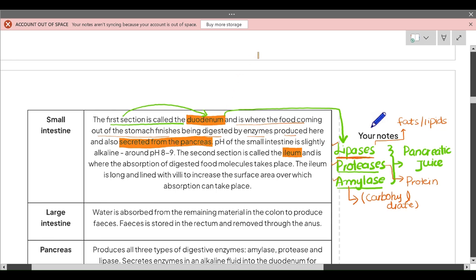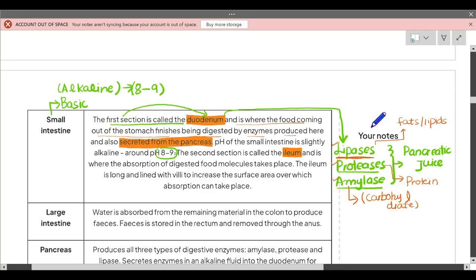The enzymes that are working in the small intestine are working in basic, or you can say alkaline, conditions. The enzymes present in the stomach work in acidic pH, but here the enzymes work in basic pH, so they are different from each other. The pH at which they work is basically 8 to 9. You need to learn the range as well.